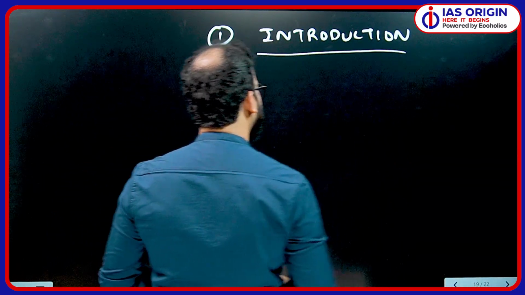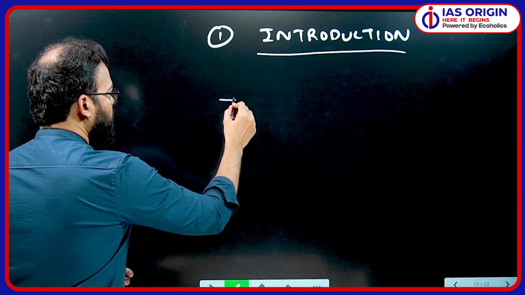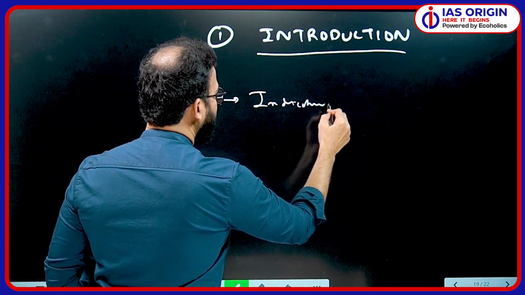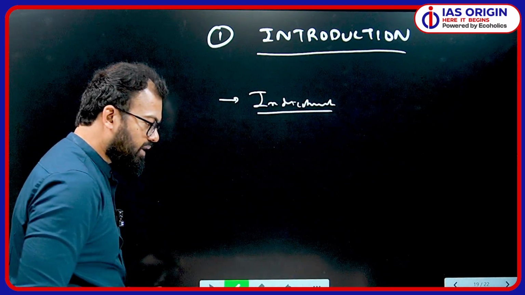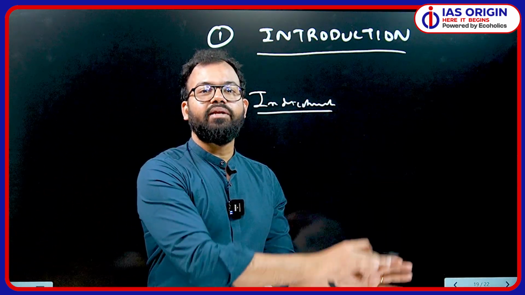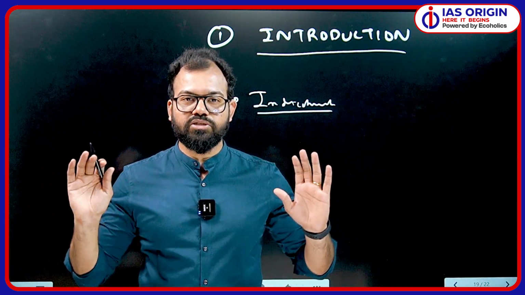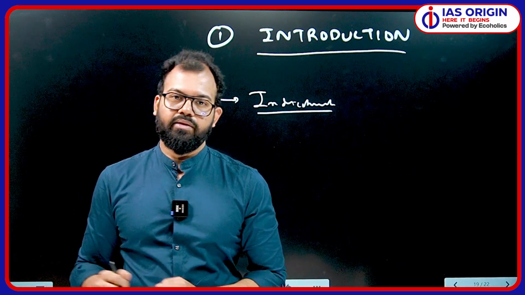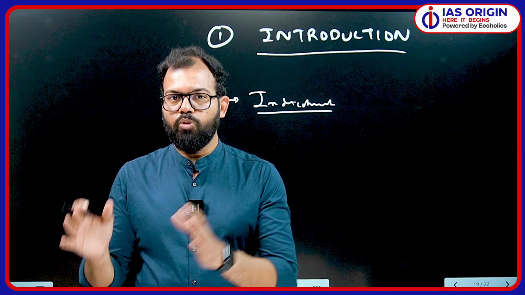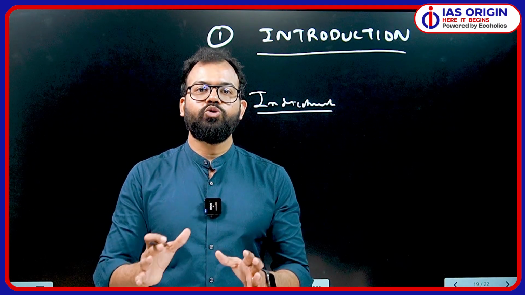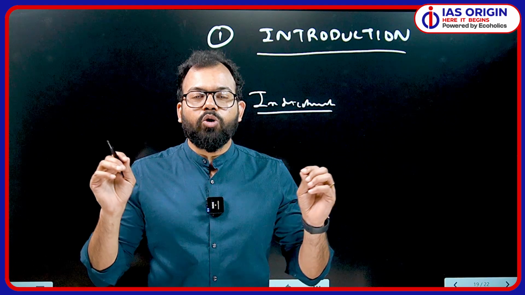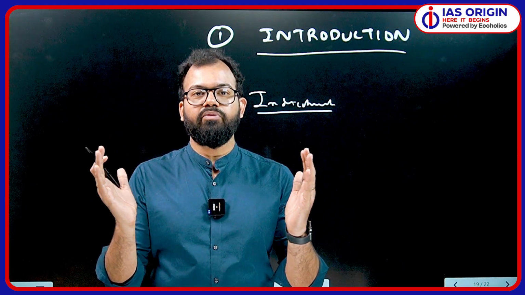Number 1 is the introduction. The first point under introduction is that it must be indicative in nature. Indicative means it should give an indication to the examiner that you understood the question. Let's take an example. Mahatma Gandhi and Subhash Chandra Bose both wanted India to get freedom, but the approach followed by both of them was very different.